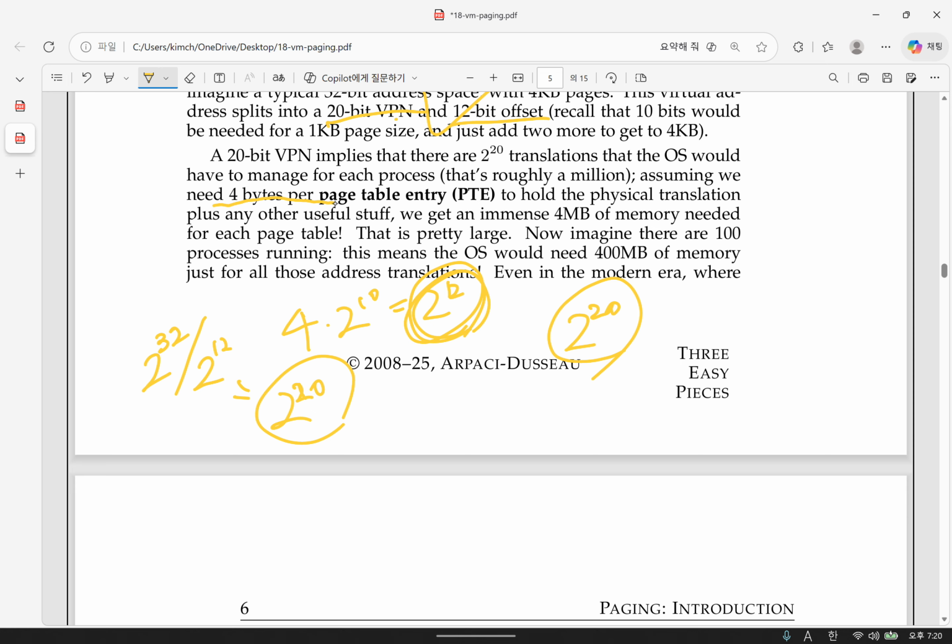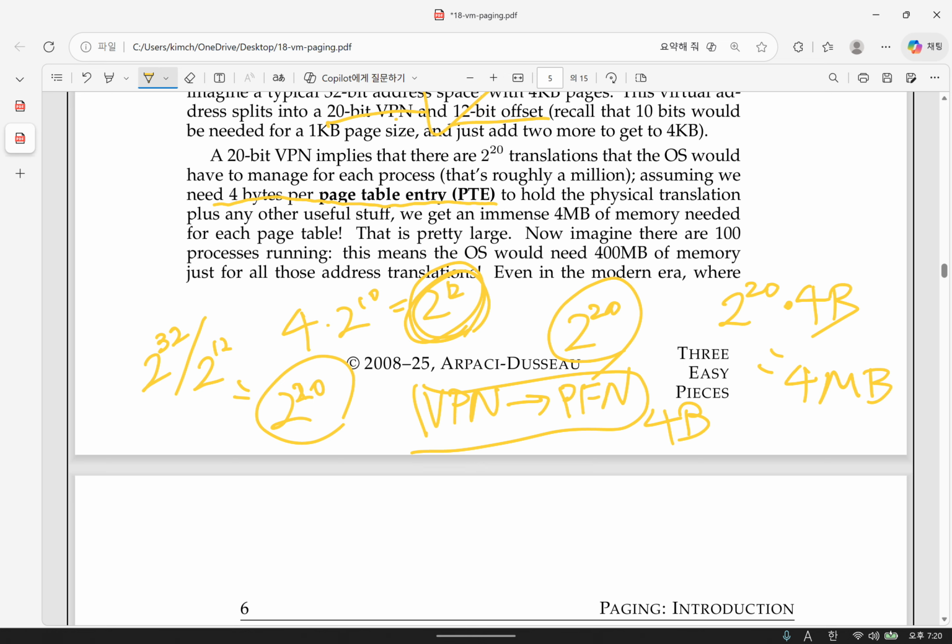Assuming we need 4 bytes per page table entry, the page table entry maps a VPN to the PFN. Let us assume the size of this is 4 bytes for now. So 2 to the 20 translations, 2 to the 20 page table entries, 4 bytes each, is 4 megabytes.